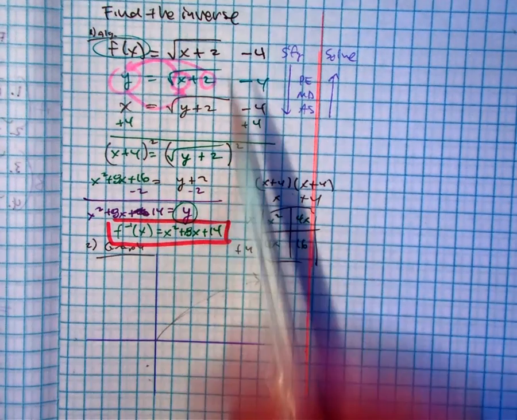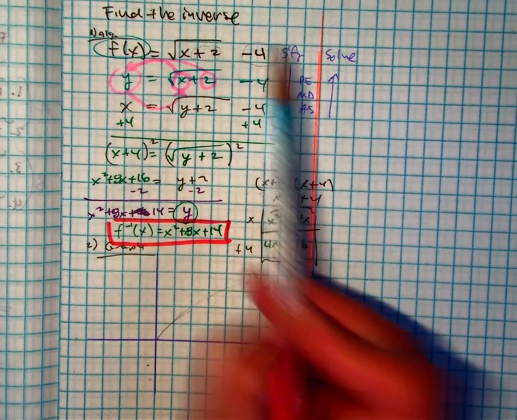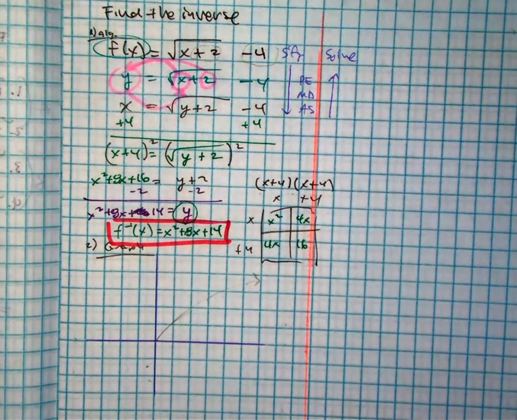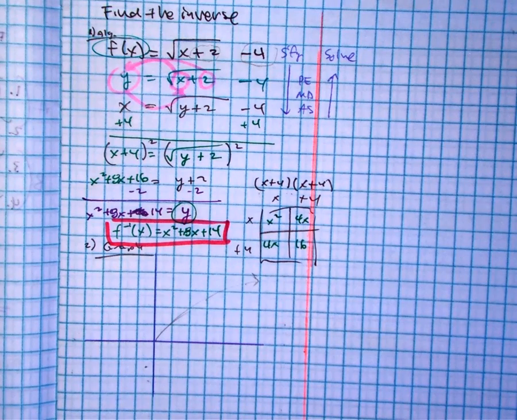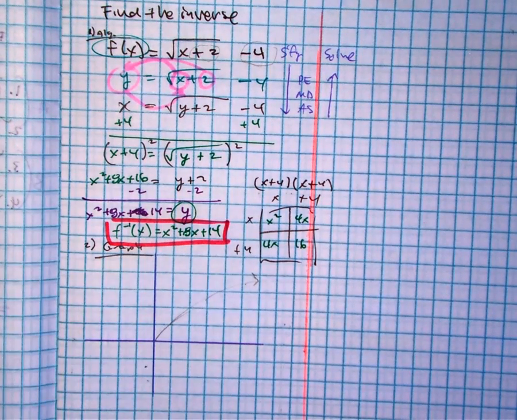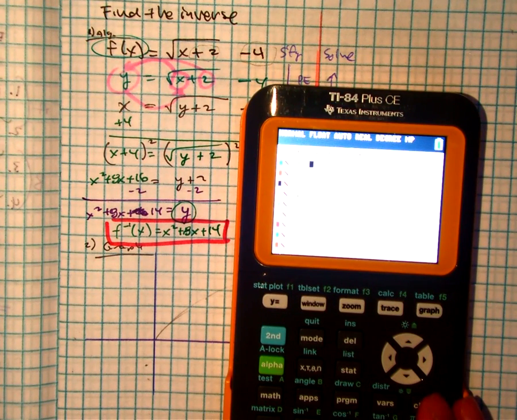But in today's lesson, we're going to figure out what this plus 2 and this minus 4 do. You can make some predictions. What do you think is going to happen? Does it stay where it is? It's going to be transformed. It's going to actually be moved.